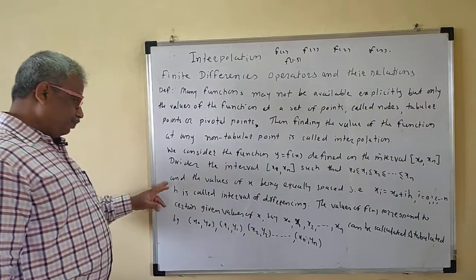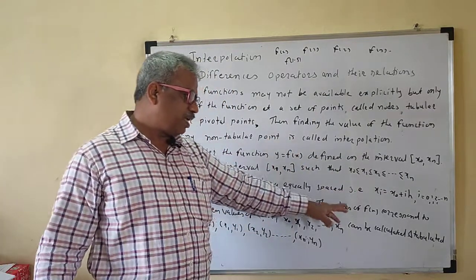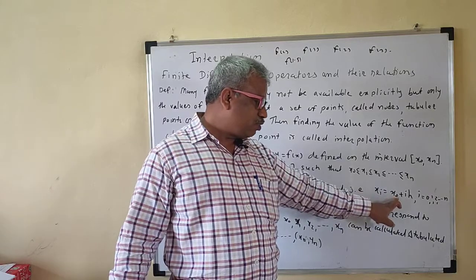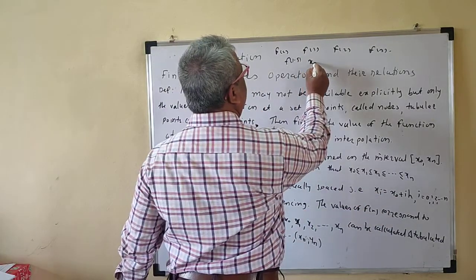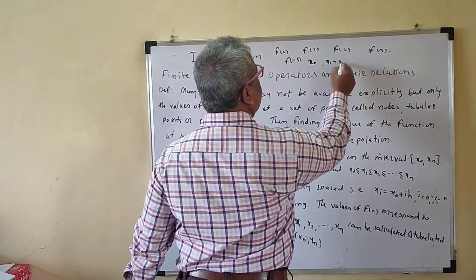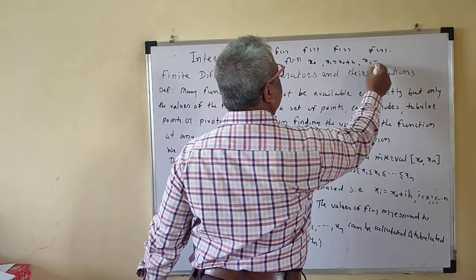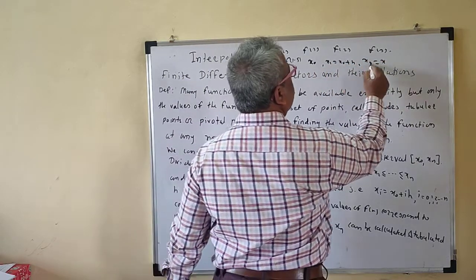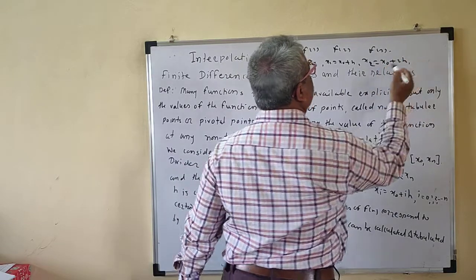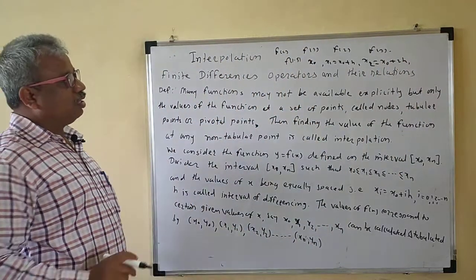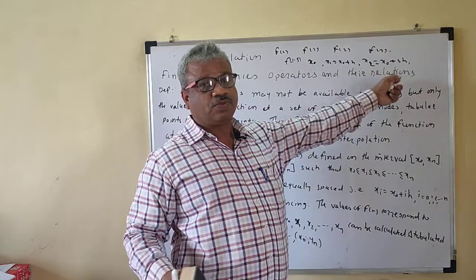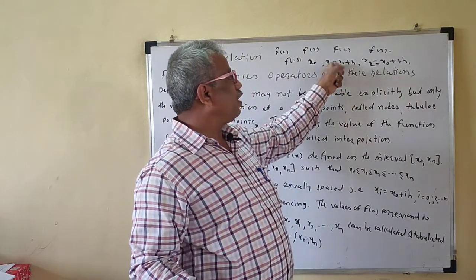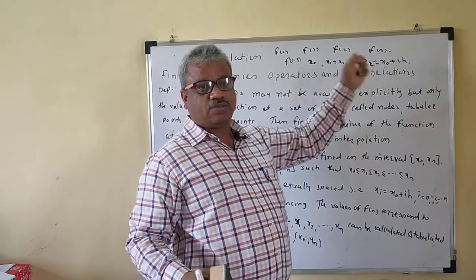The values of x are equally spaced like this: x1 is x naught plus h, x2 is x naught plus twice h, and so on. This is the relation of x1 and x2 with x naught.